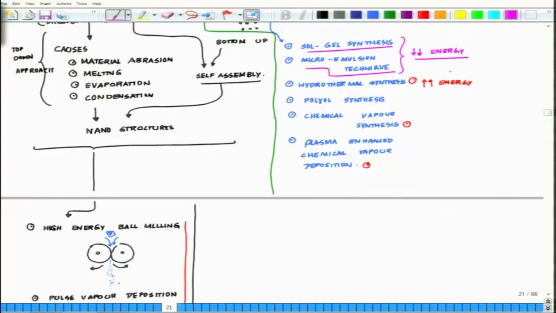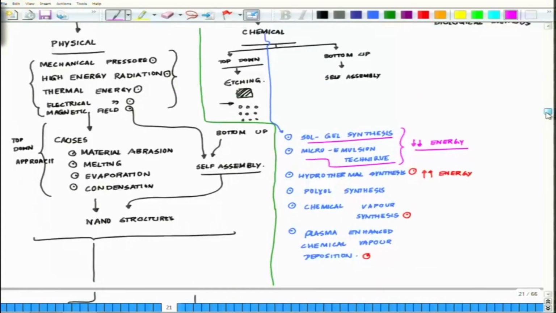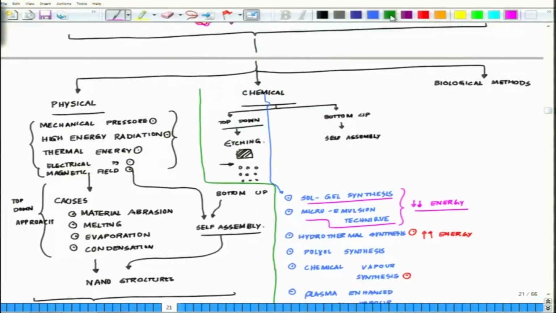Once we talk in detail about this, we will highlight why some of these techniques are low energy requiring, whereas the other ones are high energy requiring. So now we have enumerated the physical and the chemical synthesis routes.